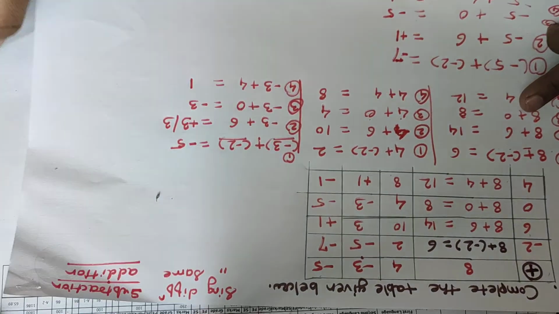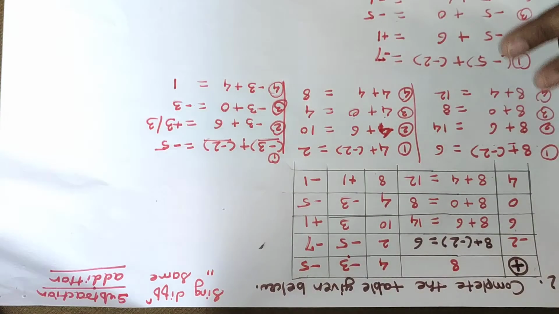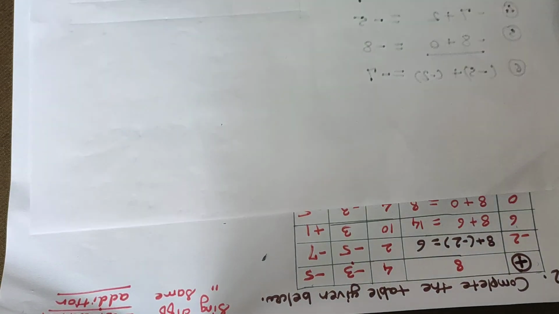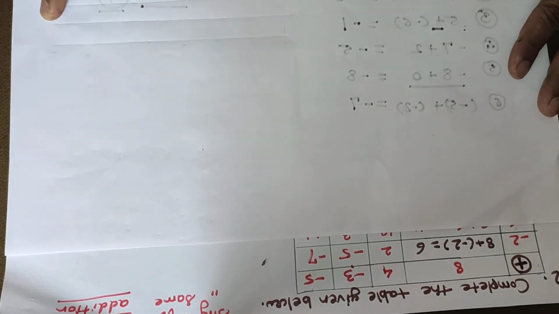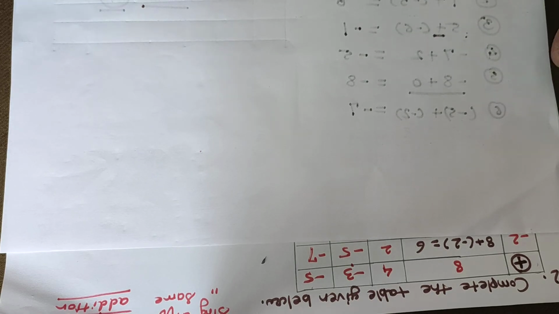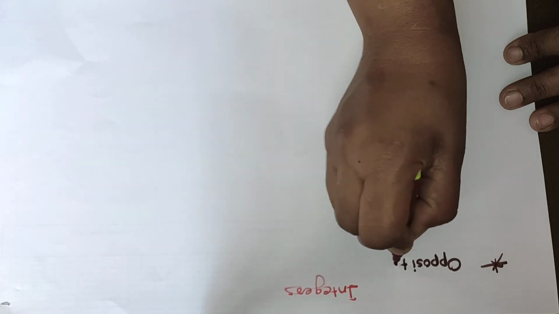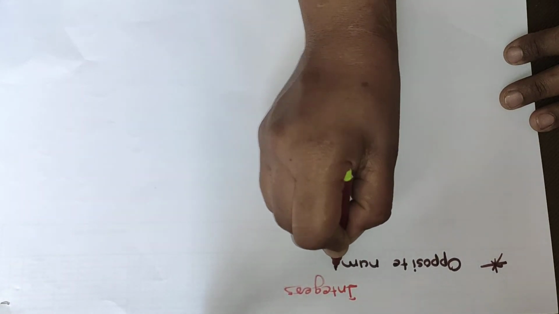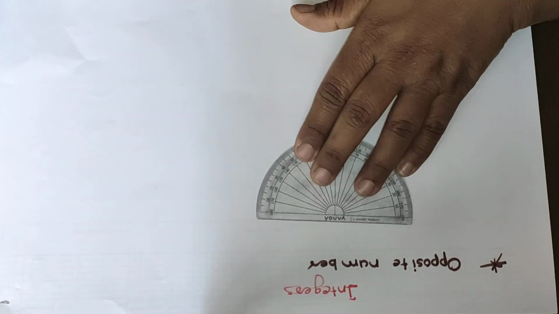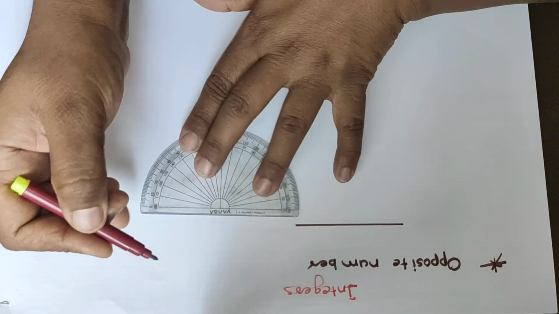So the next point is opposite numbers. For that I will draw a number line here. Okay, so this is our number line.